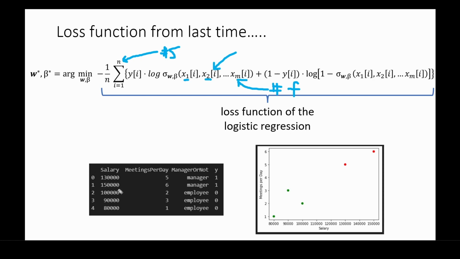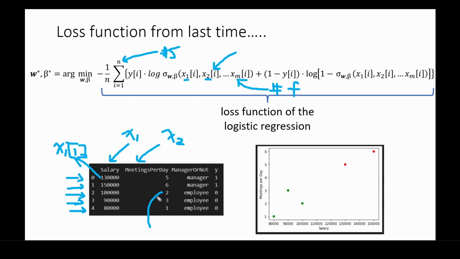For example, in my previous video, I gave this example where we want to classify whether an employee is a manager or not. We are going to have two features in this particular example, so this will be x number 1 and x number 2. X number 1 is the salary of the employee, and x number 2 is meetings per day. Each row represents 1 employee, so right here we have 5 employees, which means that this $130,000 is from feature number 1 and employee number 1.